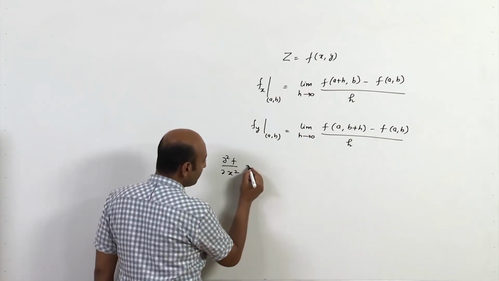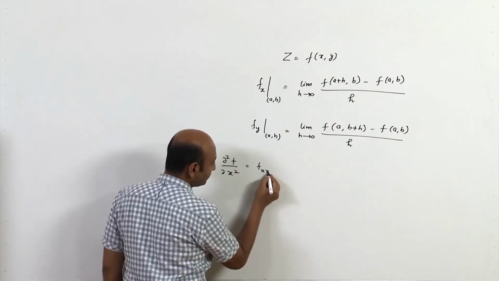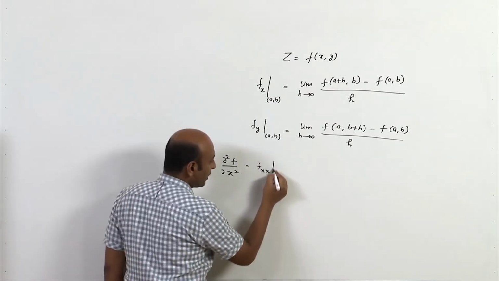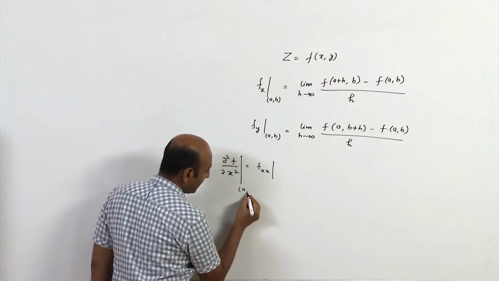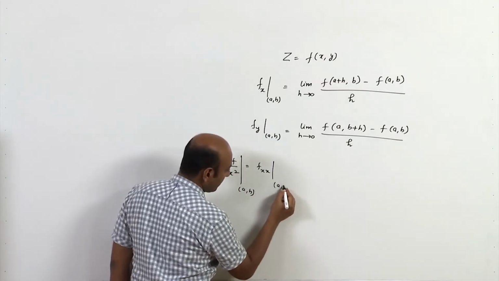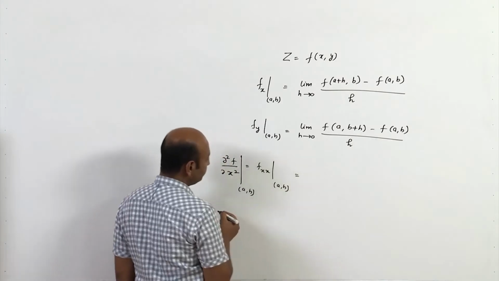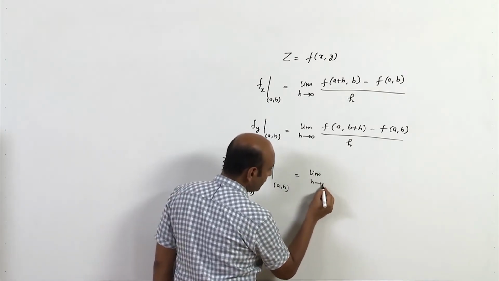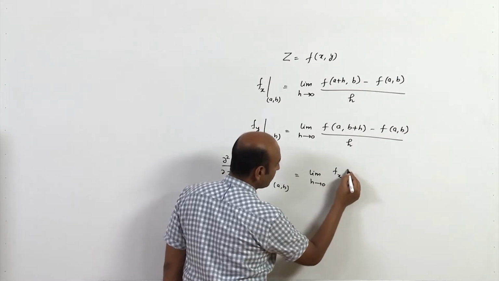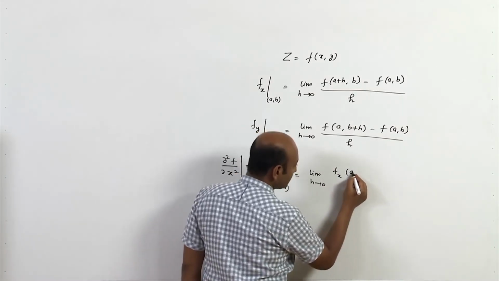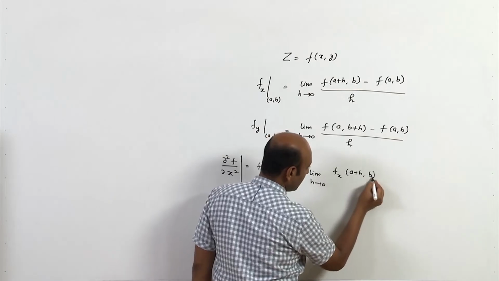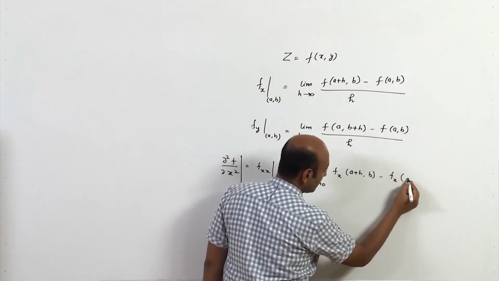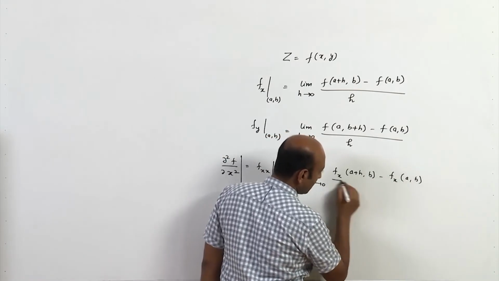It is also denoted by f_xx. At a point (a, b), it is simply the limit as h tends to 0 of [f_x(a + h, b) − f_x(a, b)]/h.